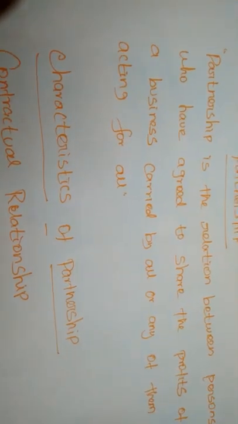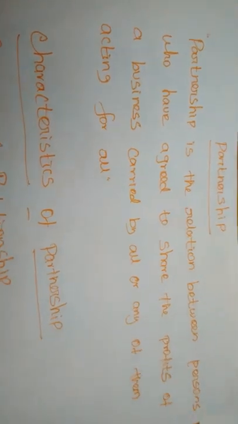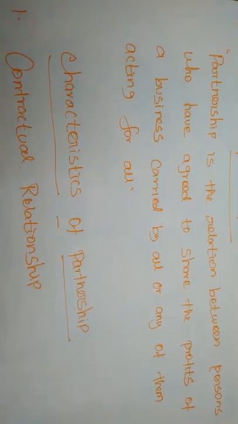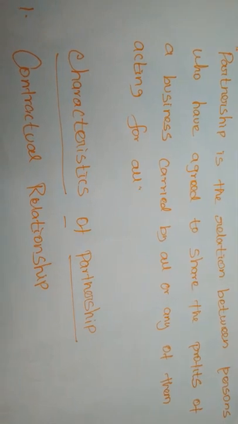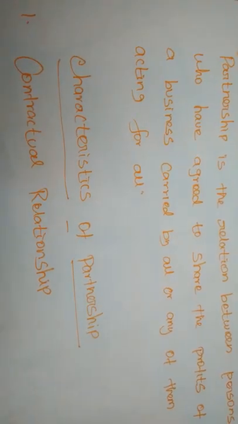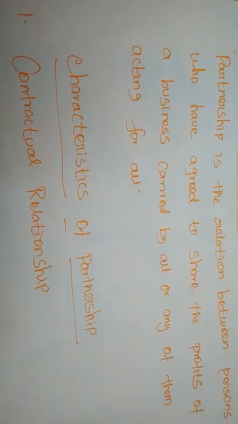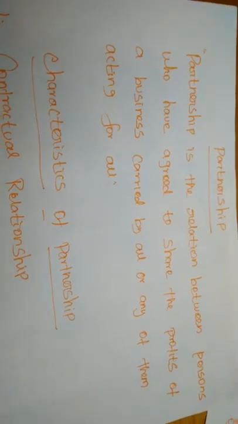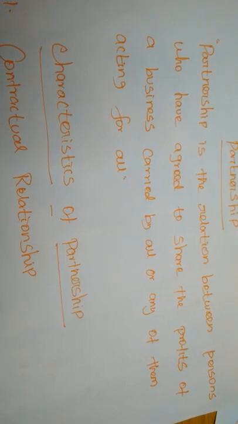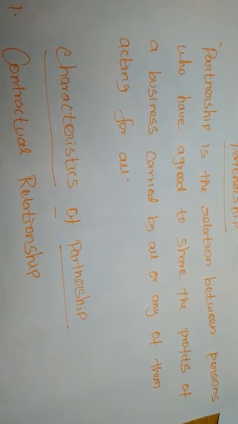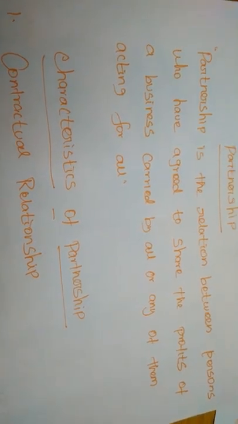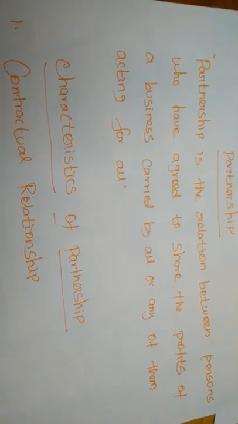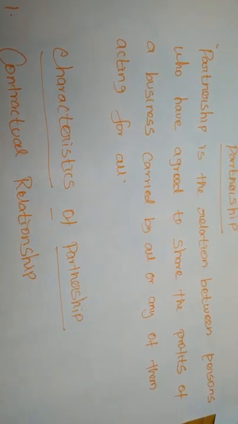Any of them acting for all means that sometimes a single person organizes the partnership, while all the other partners are only nominal. Only some of the persons act as partners, but a single person does all the business activities.